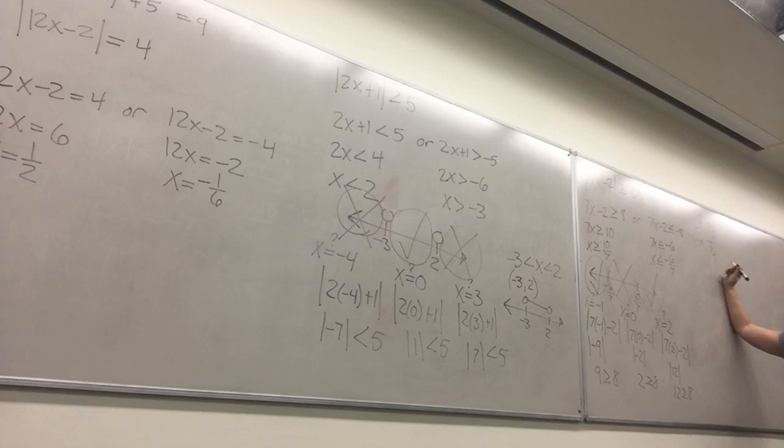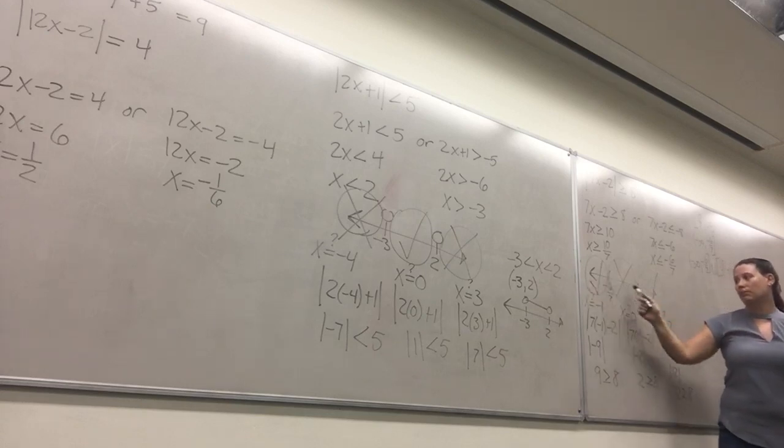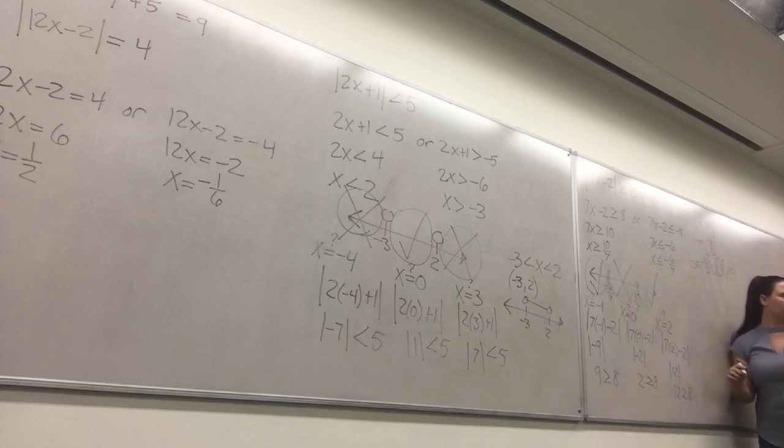If we want to write this out all as one thing, we always start with the smallest number, so that would be negative infinity. And then, because it's in 2 pieces, we don't put a comma, we put a union. And then the 10/7 to infinity. See how we literally just wrote the number line? Does that make sense?